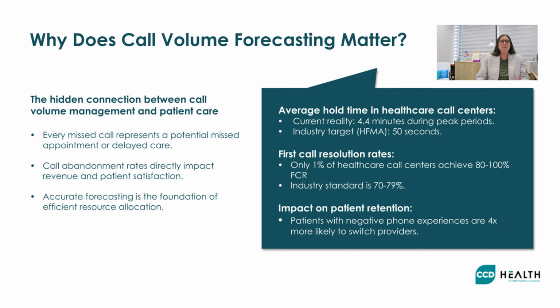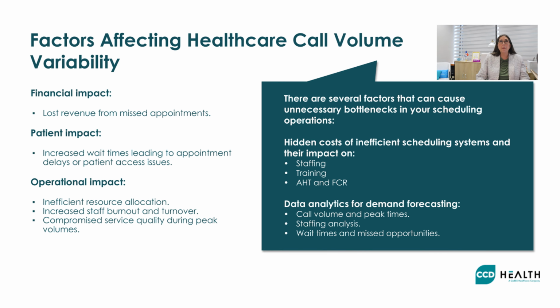And the three main drivers of the volume variability are financial, operational, as well as patient experience. The key impact on the financial loss of revenue are missed opportunities. So at the center level, we need to align average handle times as well as achieving first call resolution as much as possible.